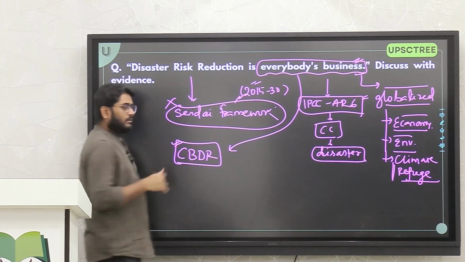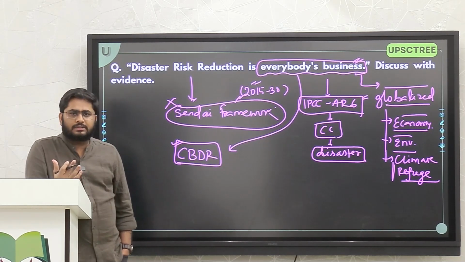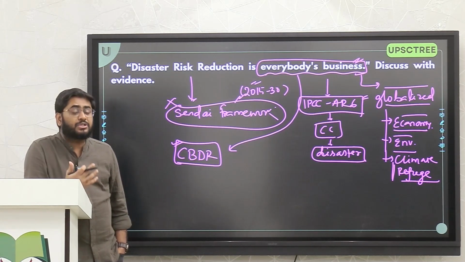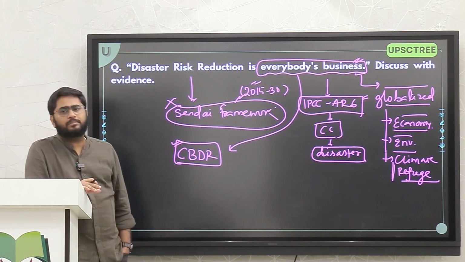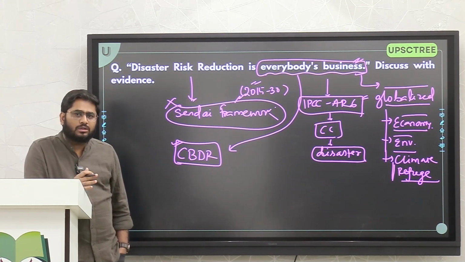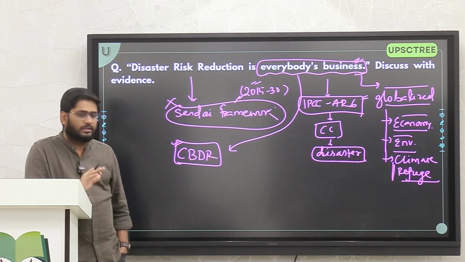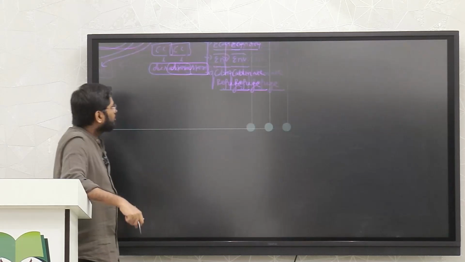That is, rich countries who have pumped much of the carbon dioxide into the atmosphere and are responsible for climate change should do more and help the least developed nations go for growth, but green growth, and for that they need financial assistance, technological assistance and all other things. Okay, so you have to talk about this principle also.